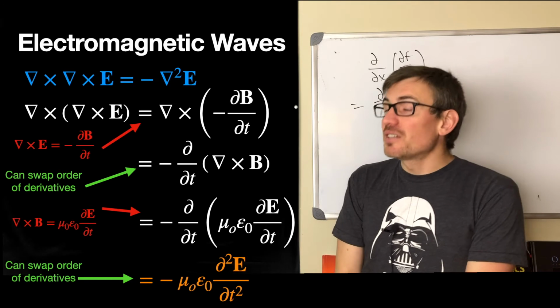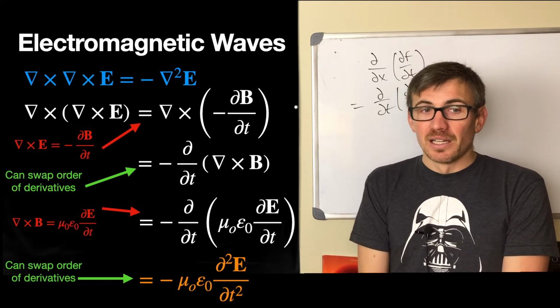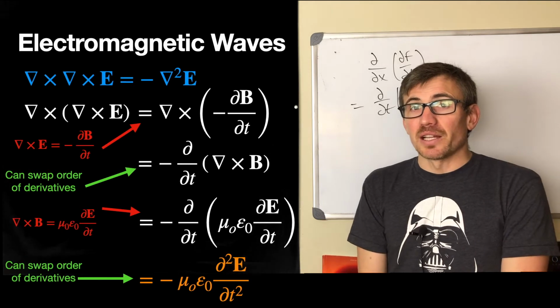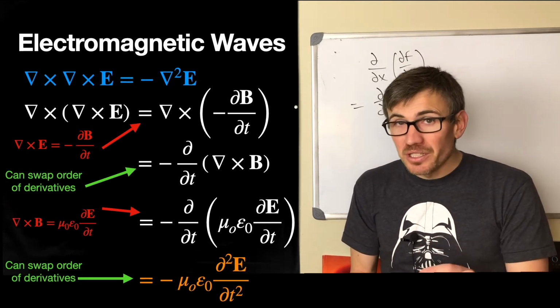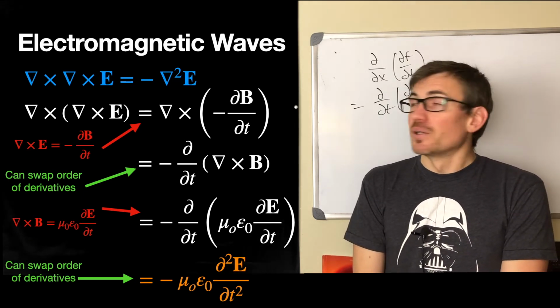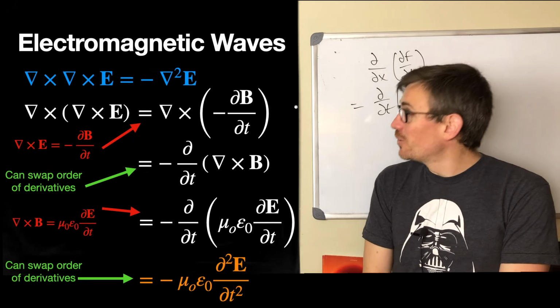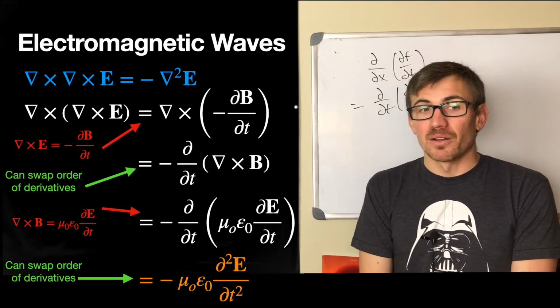So we have a different way of writing the curl of the curl of E. There's two equivalent ways of writing it. The curl of the curl of E is equal to negative the Laplacian of E, and it's also, by Maxwell's equations, equal to negative epsilon naught mu naught times the second partial time derivative of E. All right?